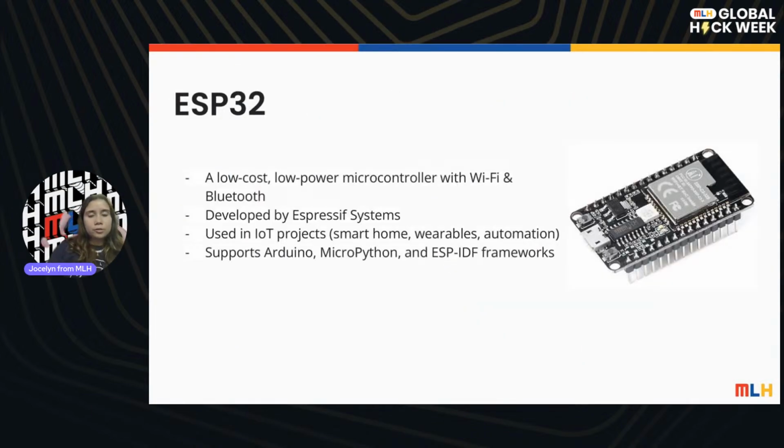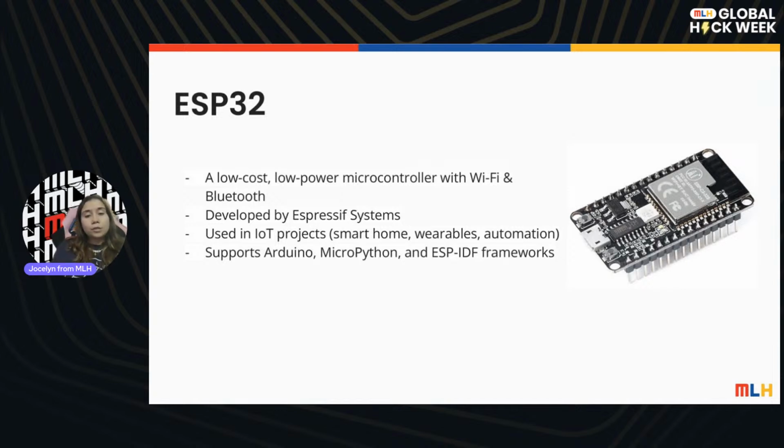We're going to start using this microcontroller. It is called ESP32, and it is a microcontroller that allows you to work with Wi-Fi and Bluetooth communication. It is very commonly used in Internet of Things projects, such as smart homes or wearables, or even in school projects where you can use this board to publish your data through an internet connection.